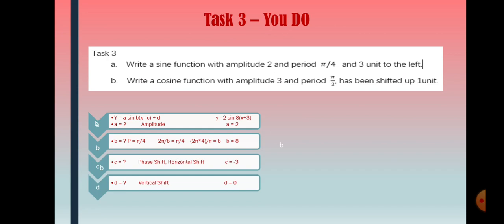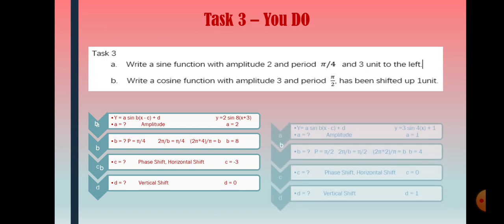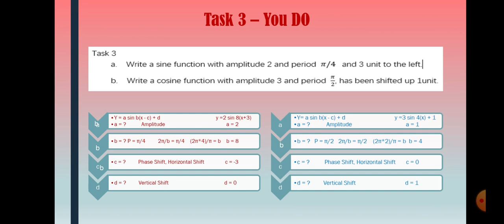This is the function on part A. We are looking for A. Since I said it has an amplitude 2, then A is 2, a period of pi over 4, and we showed in the work that B must be 8, and then we are moving it 3 units to the left. So C must be -3. D is 0 because we are not going up and down. So the proper function is y equals 2 sine 8 x plus 3.